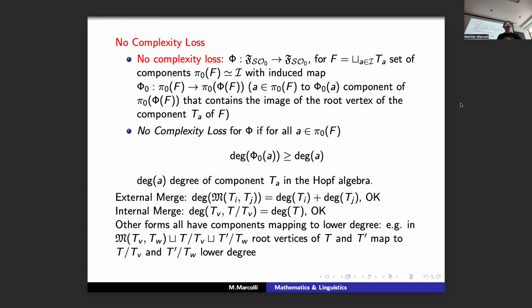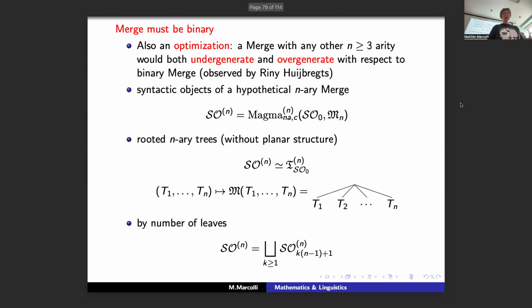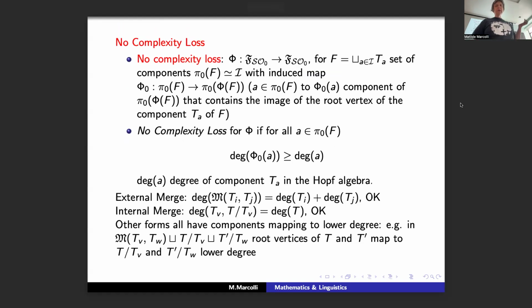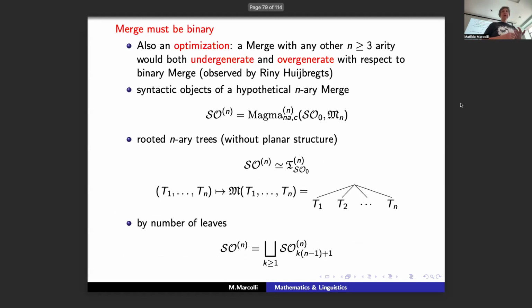So it's going to something where complexity is decreased. So I can say that maybe you can just do a more refined counting, rather than just the depth at which you pick the workspaces, which has to do with this kind of measuring of how things behave in terms of their size. And then you will have that only the external and internal merge satisfy this no complexity loss.